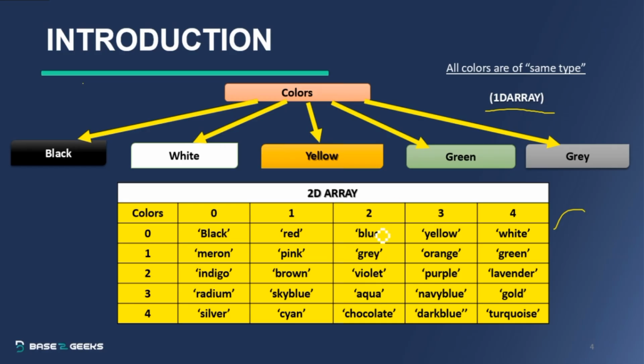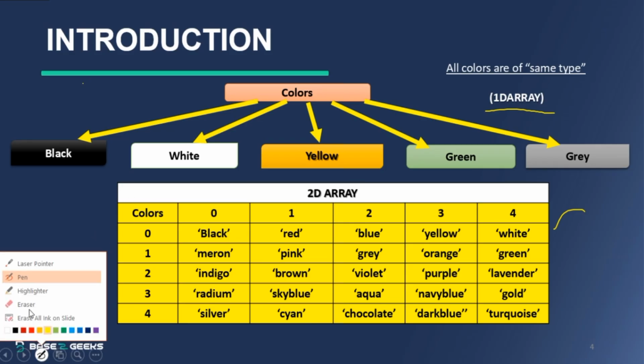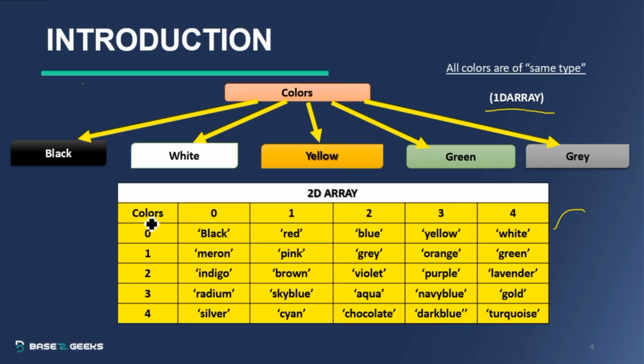Values. But in the 2D array, what is the advantage if you notice here is we can store under a single variable. So this is the same name, color, which we have used here, right? You just watch here, I have stored, for example, only elements 0, 1, 2, 3, 4. That is 5 index elements.